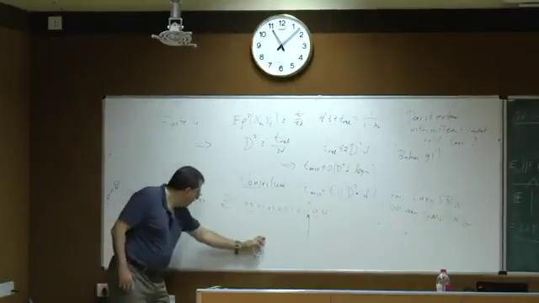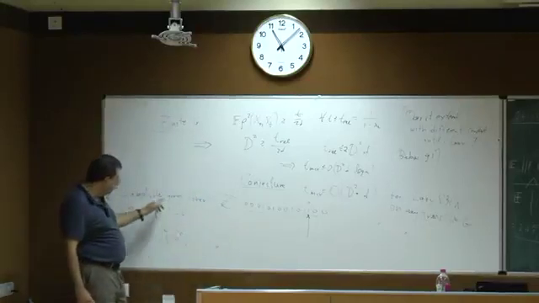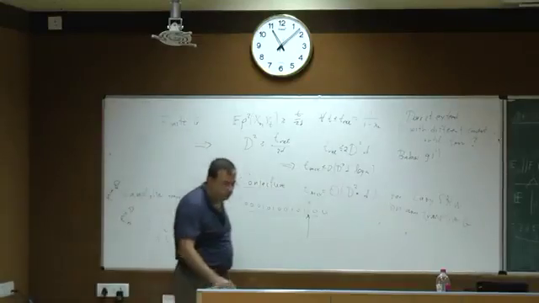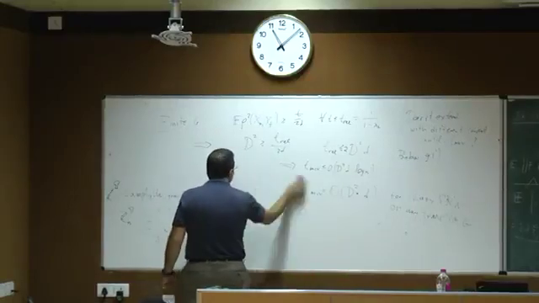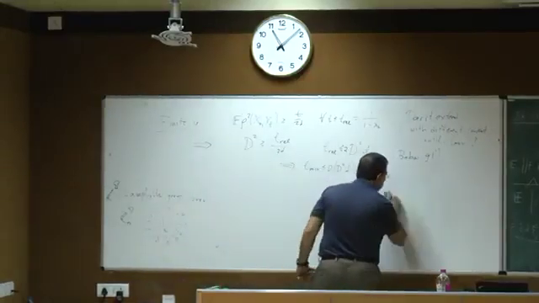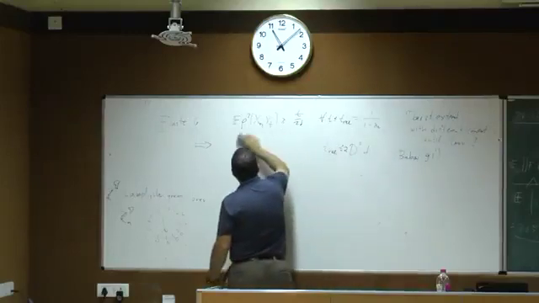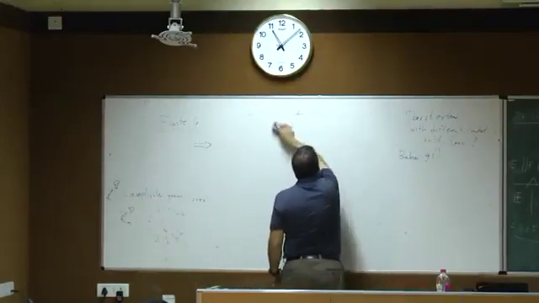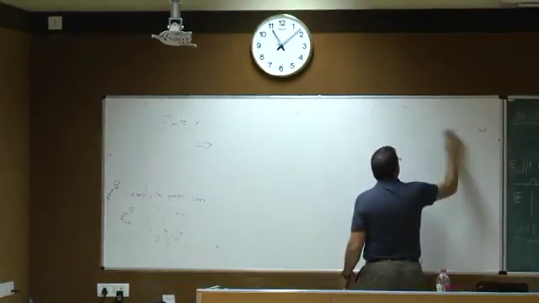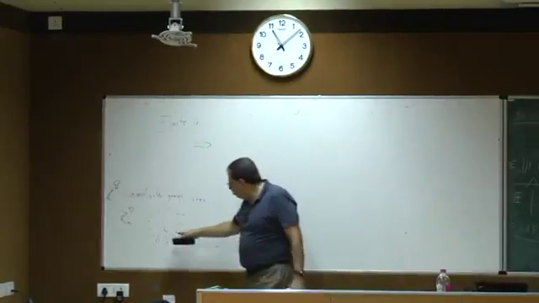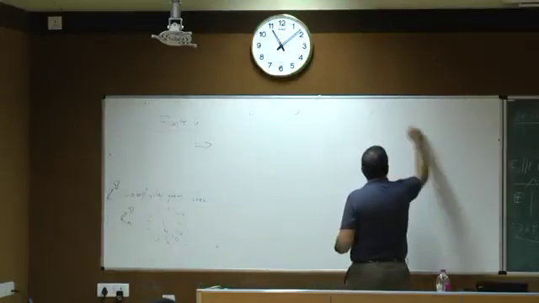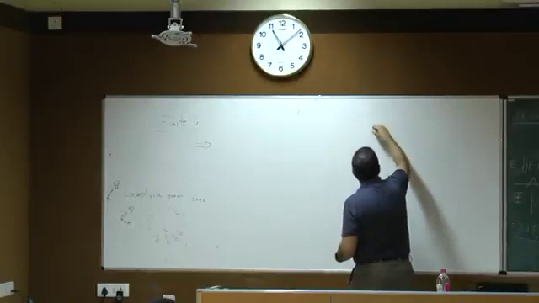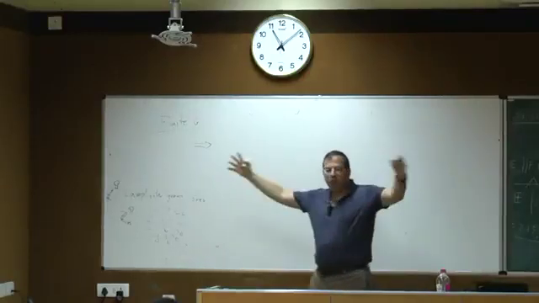So if I'm in this group, the lamplighter over Zn, maybe I'll start in the infinite case. This group has exponential growth.